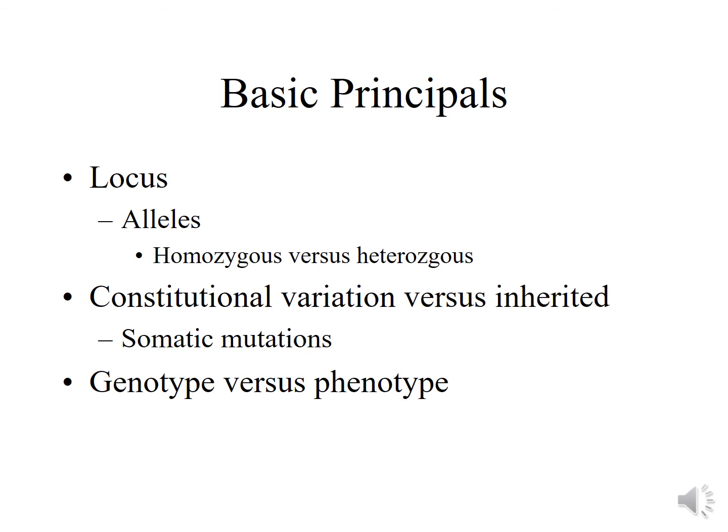So, for example, if we were talking about a clinical situation and there is a particular variation at the DNA level that causes the disease, then we would say that this particular genotype leads to a particular clinical phenotype. So, sickle cell anemia genotype leading to sickle cell disease.